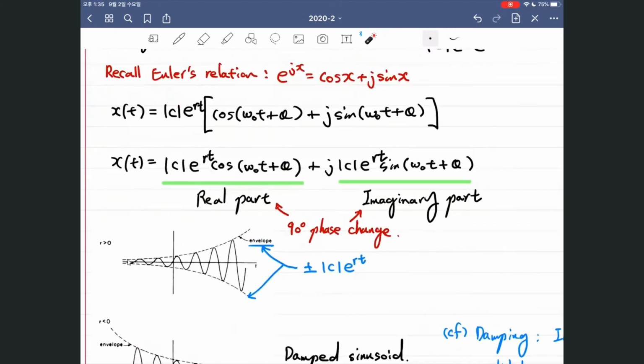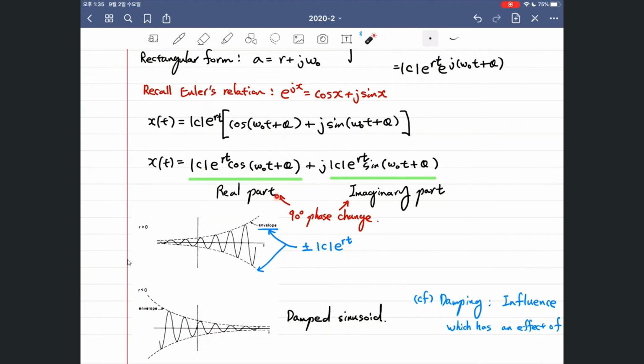And we are dealing with the real part right now. We can only draw in the two-dimensional space with one axis being time, so we can only draw the real part.